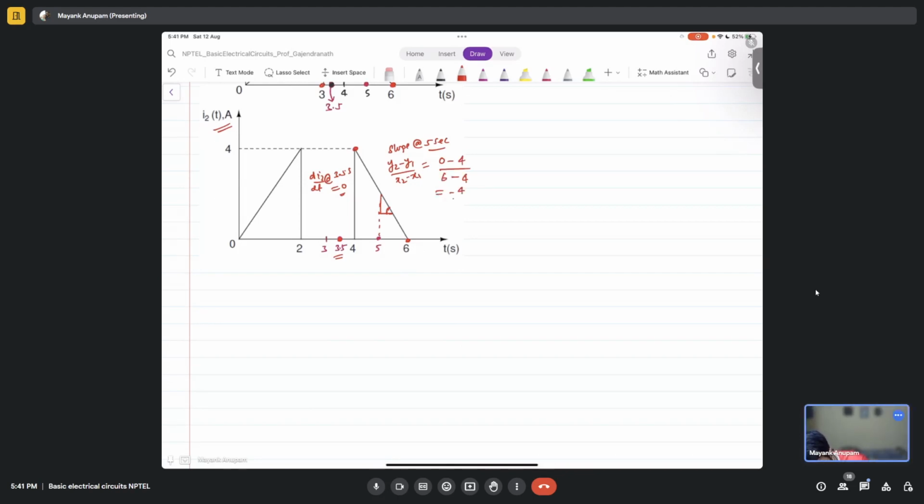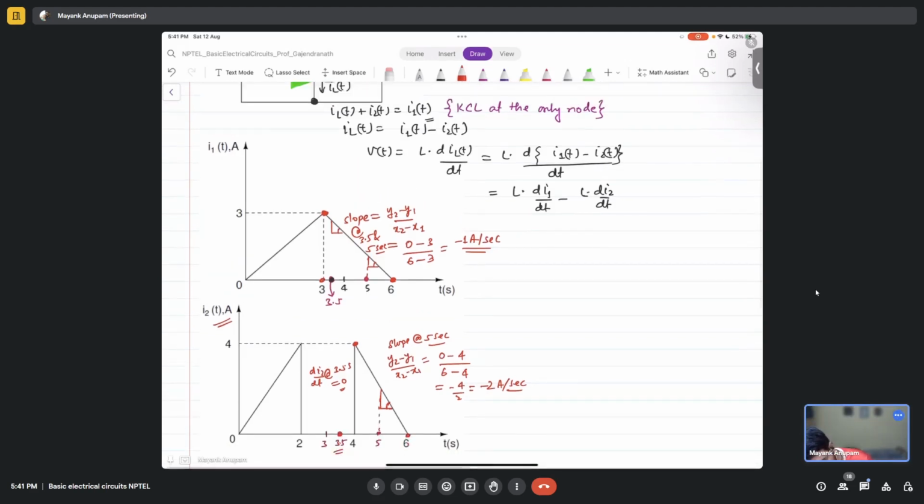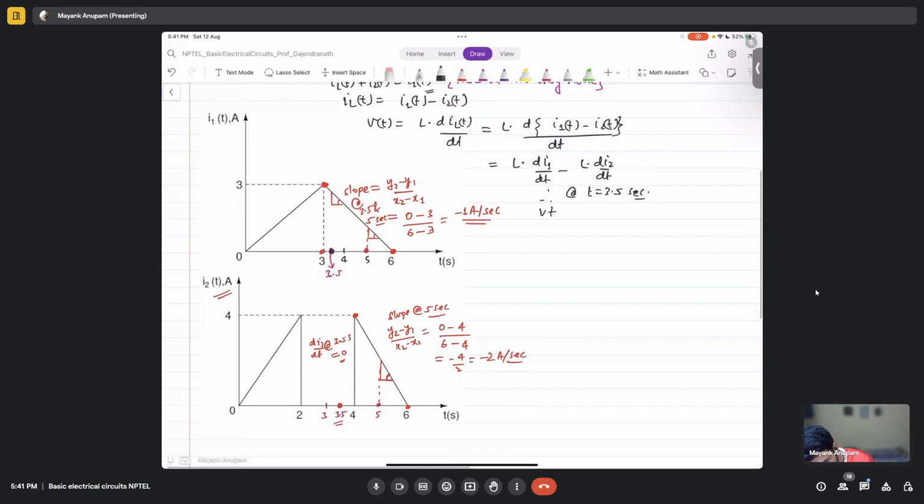So it is minus 4 by 2, which is minus 2 amperes per second, right? Yes, sir. So now we have everything that we need. So tell me, at t equal to 3.5 seconds, what is v of t?